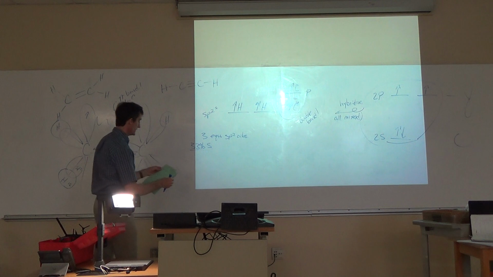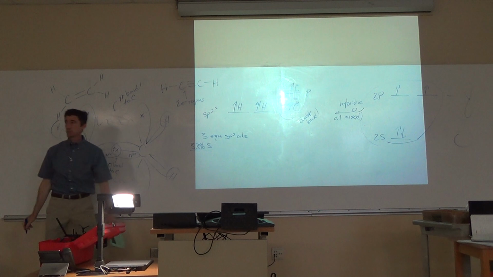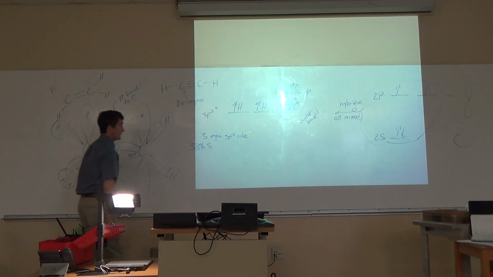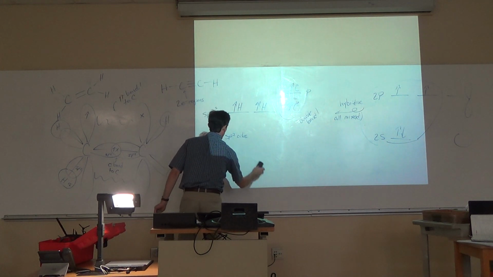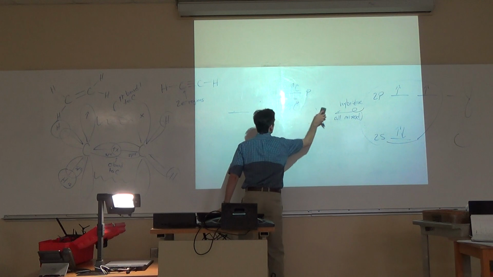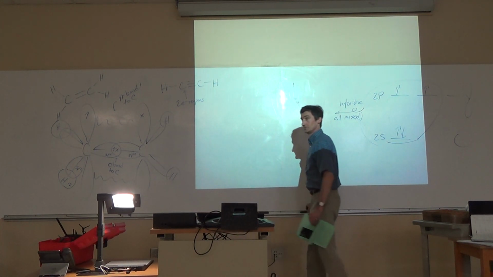Let's look at it. We're going to see sp hybridization. Let's start here. How many regions around this carbon? 2. Right, 2 electron regions. How many hybrids do we need for this carbon? 2. Your hybrids set your geometry. How many do we need to put in the blender? 2.